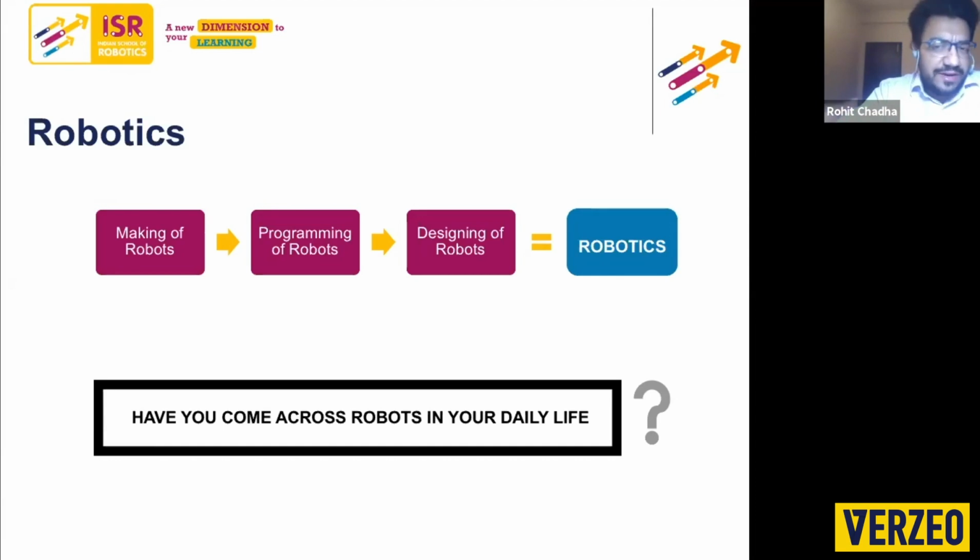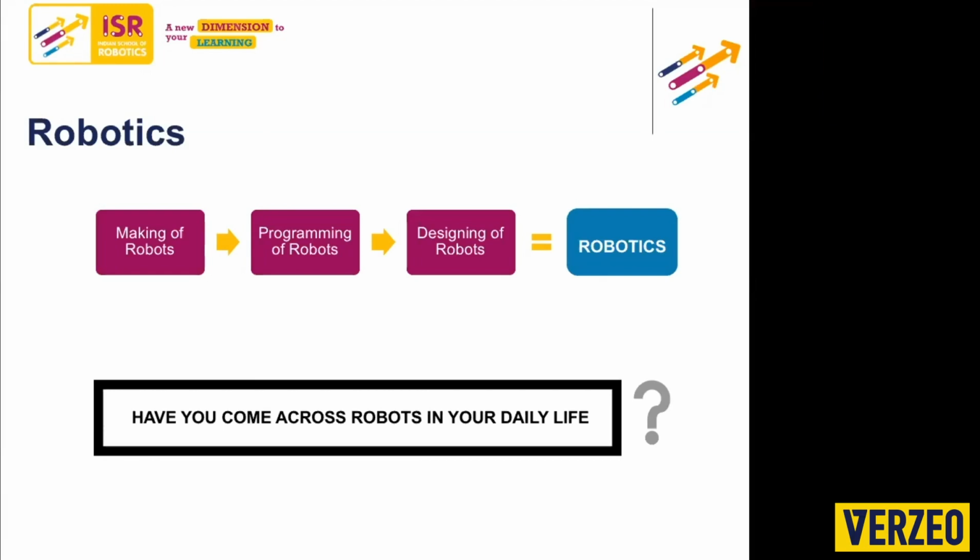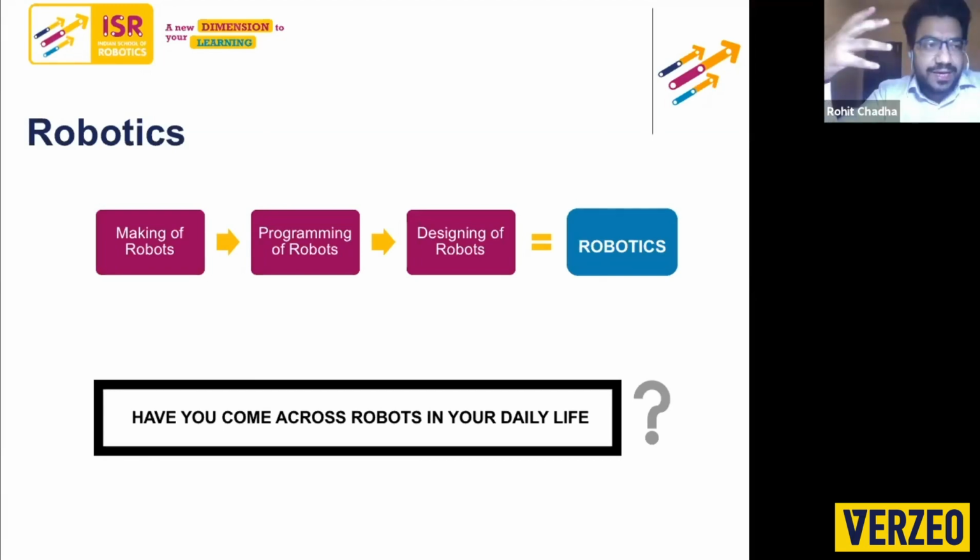So whenever I interact with students, I get very few answers. Usually students say they have seen them in movies and some sci-fi movies. So they describe robots as something which is similar to humans. Yes, people are giving answers: chatbots. So they describe robots as something which is similar to humans.